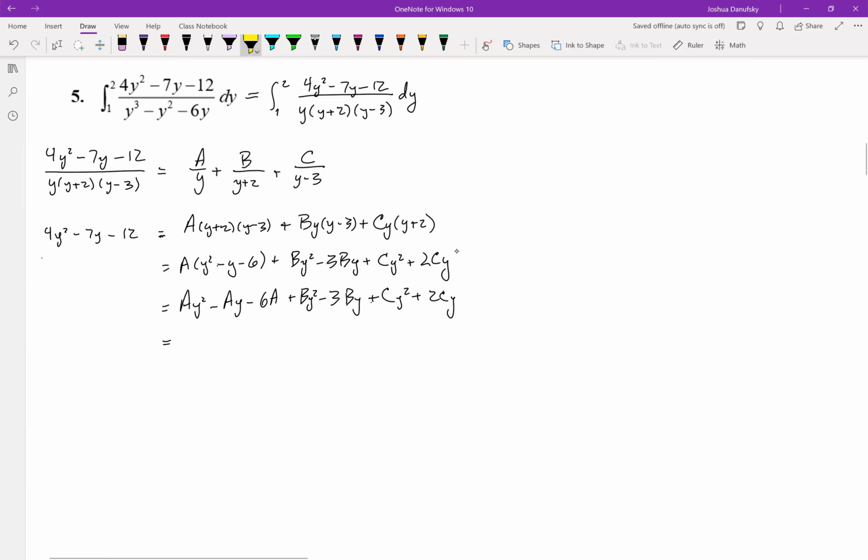In other words, this term and this term together would look like this. Then we'll group all of our terms with y. That's this one, and this one. And finally, we're left with this for our constant term.